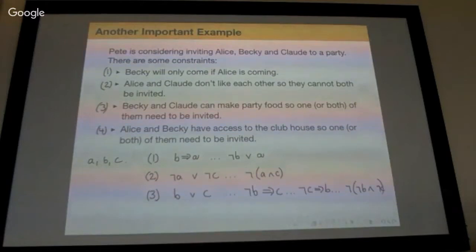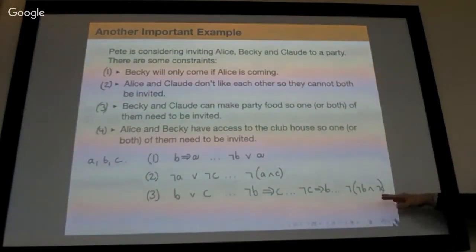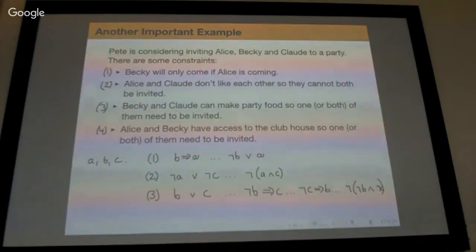So not Becky and not Claude. But what I'm looking for is as simple as possible, in the form of just a disjunction. So just something or something. Negations are allowed, and ors.